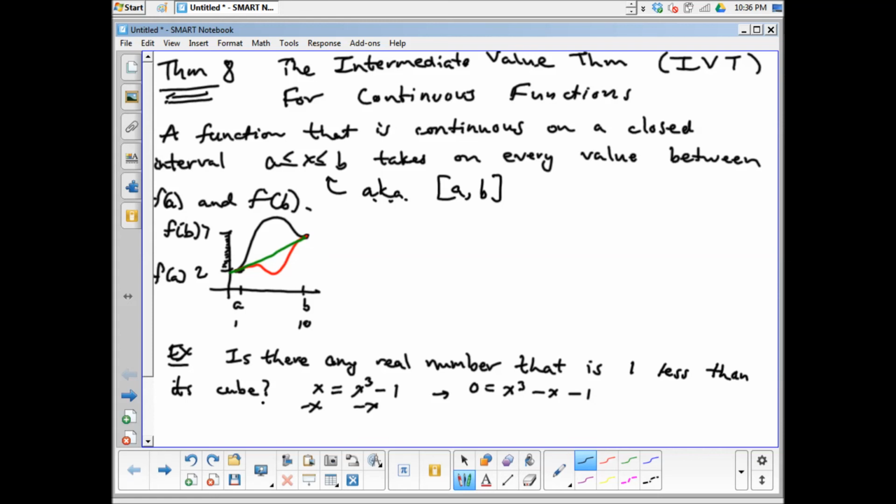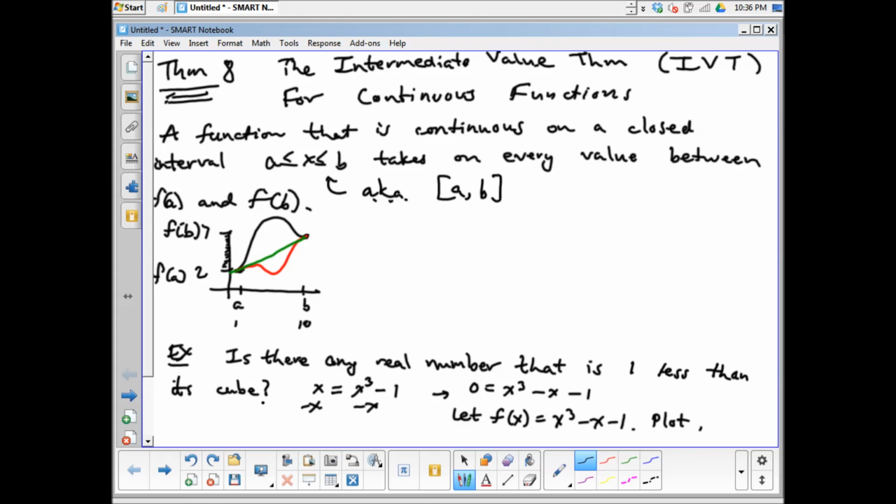Okay, so I'm going to look for the x-intercepts of this function here. So let f of x equal x to the third minus x minus 1, and we will plot it.